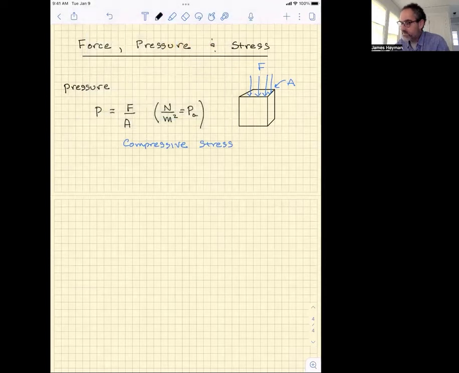Just to illustrate this idea, which I think is probably familiar, we can do a quick example. We can figure out the pressure beneath a 1 meter by 1 meter by 1 meter cube of water.